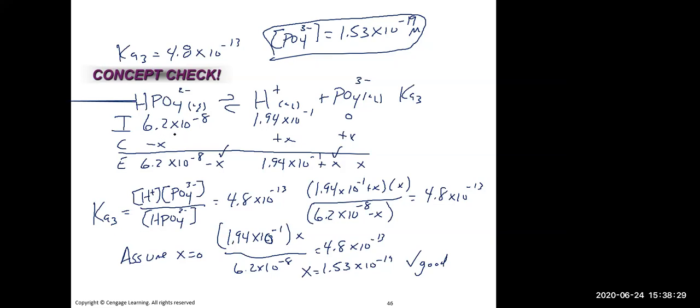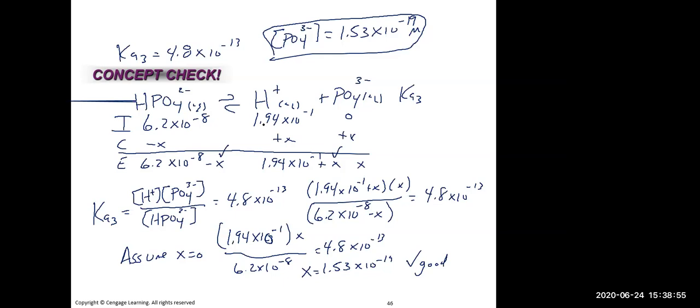If you take 6.2 times 10 to the minus 8 and subtract 1.53 to the minus 19 from it, you will still end up at 6.2 times 10 to the minus 8. Same thing with our H plus concentration: 1.94 times 10 to the minus 1 plus the 1.53 to the minus 19 will still give you 1.94 times 10 to the minus 1.